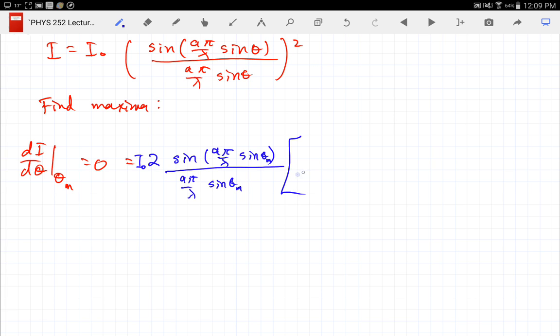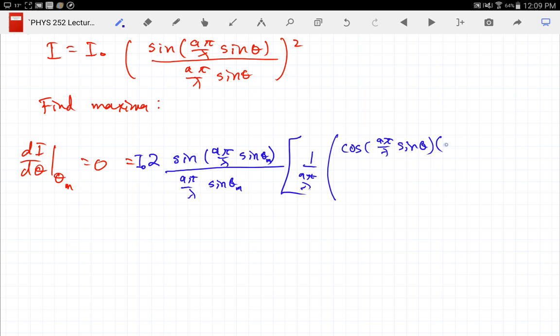I can bring out the 1 over a pi over lambda. That's not a very nice lambda, because that's going to be in everything. And then I have derivative of the first times the second, so derivative of sine, cosine, but I have to use the chain rule.